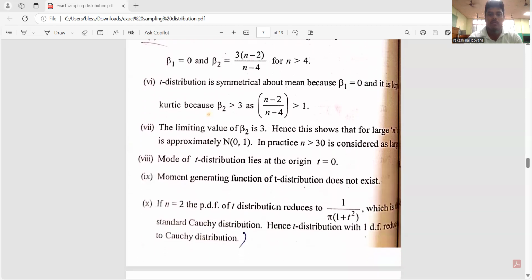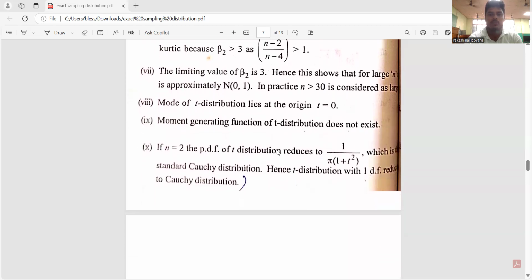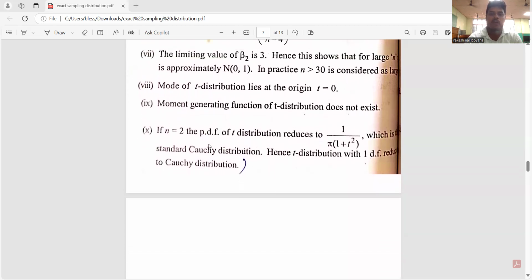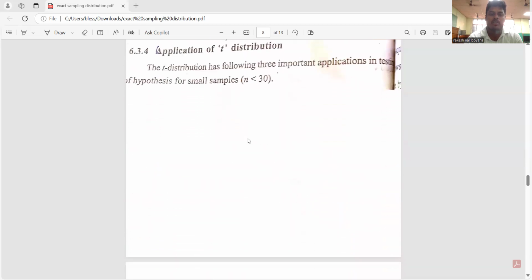And also the mode of the T distribution lies at the origin, t equals 0. If n is equal to 2, the probability density function of a T distribution reduces to 1 by pi into 1 plus t square, which is called the standard Cauchy distribution. So these are the main important properties of the T distribution.